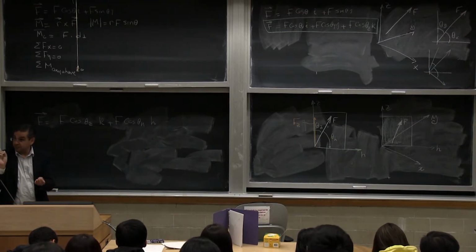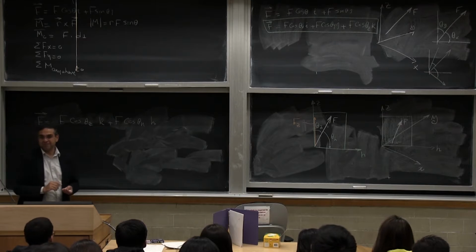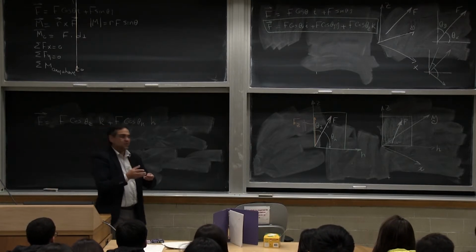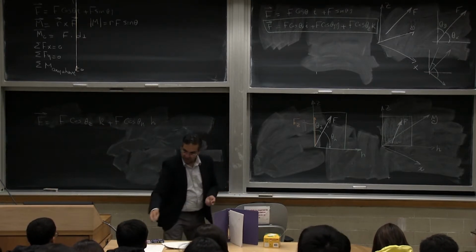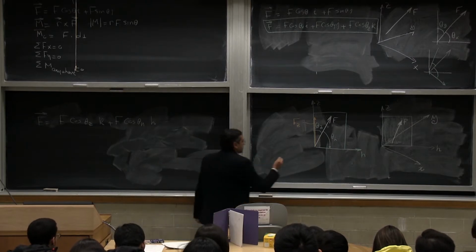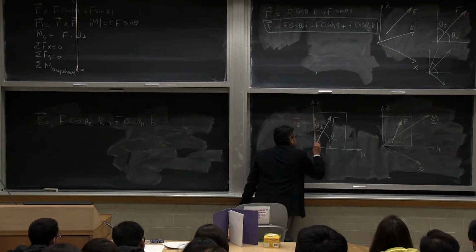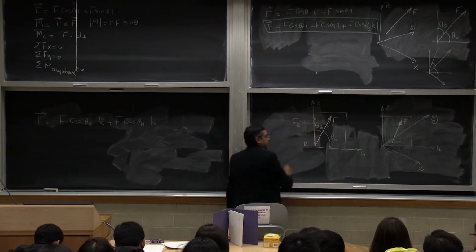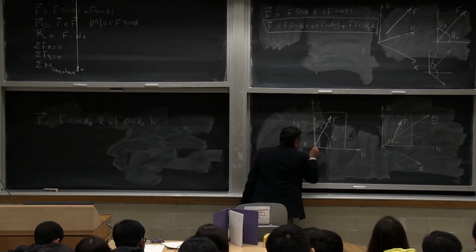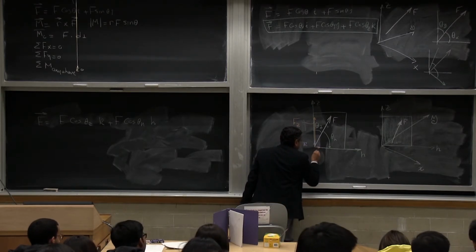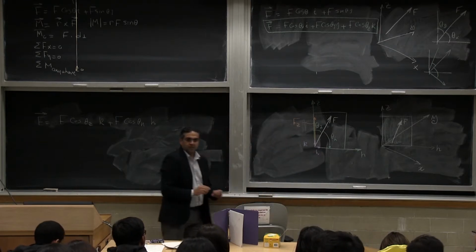And we did that in the very first problem of the first assignment. We had to name unit directions. So effectively what I did here is I say this is the unit vector, and we agree to call it k. And I also created a unit vector here, and we agreed to call it h.